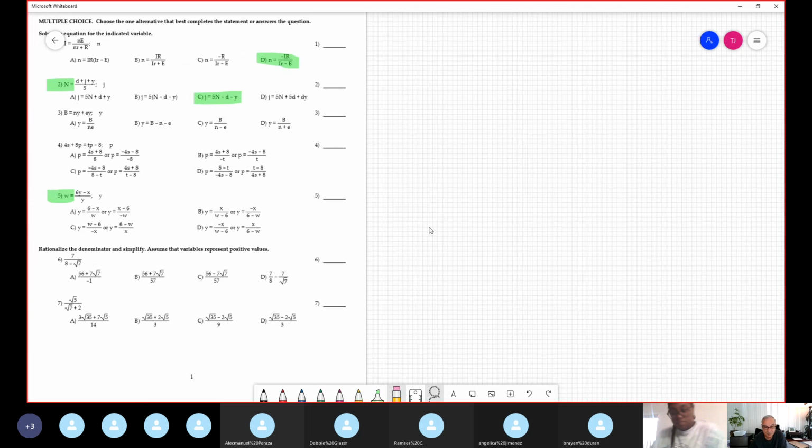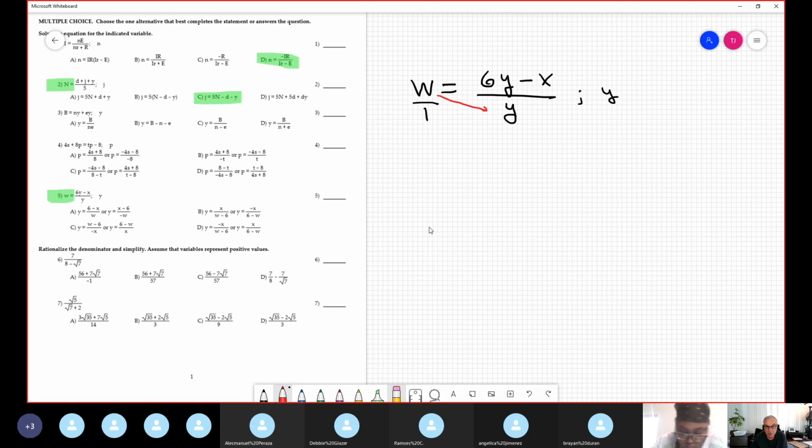Number 5 is W is equal to 6y minus x over y. And you need to solve for y. Okay, one more time, cross multiplication. I consider this denominator 1. And you multiply w times y and y times something.